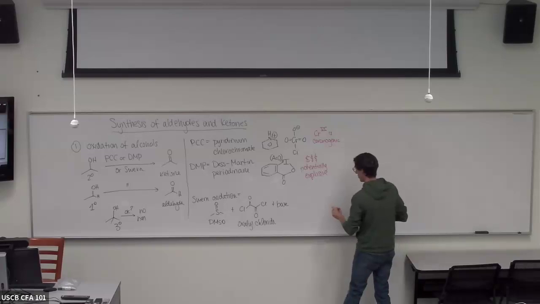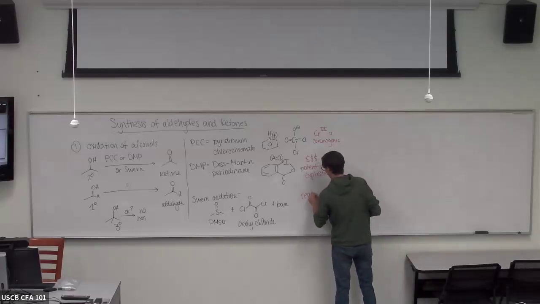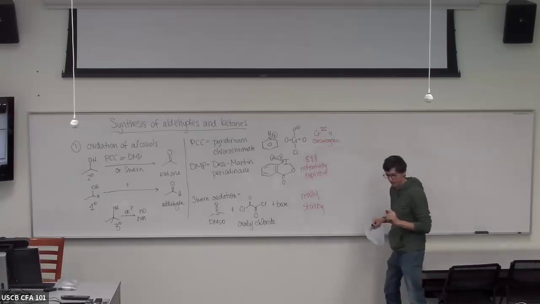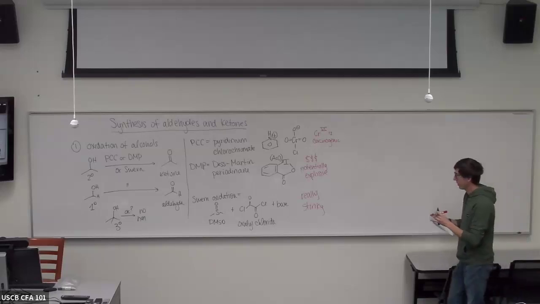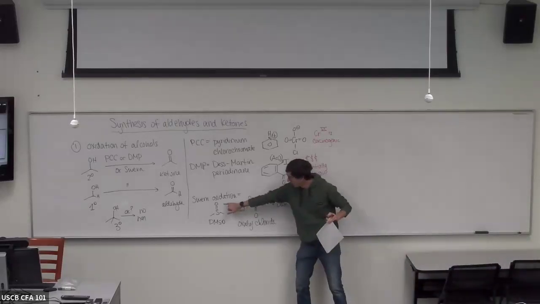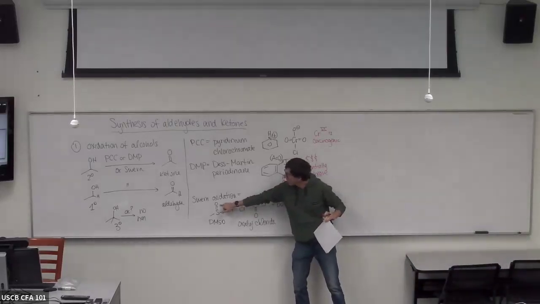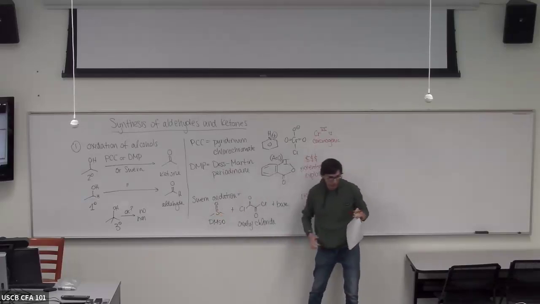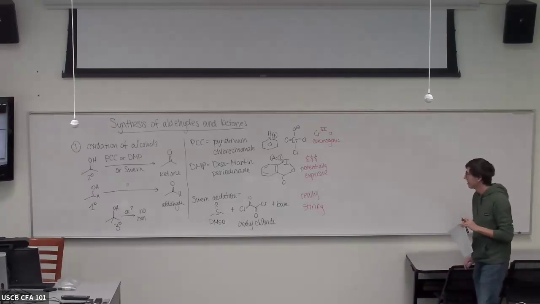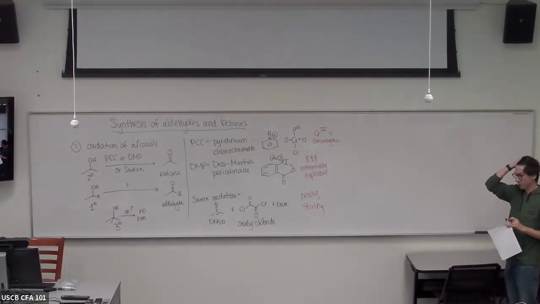And then the Swern oxidation is extremely stinky because you end up using this oxygen atom to help do the oxidation. That goes away and you're left with dimethyl sulfide, which, as you might imagine, smells really, really bad because sulfur.